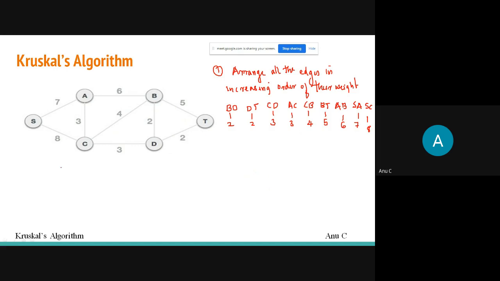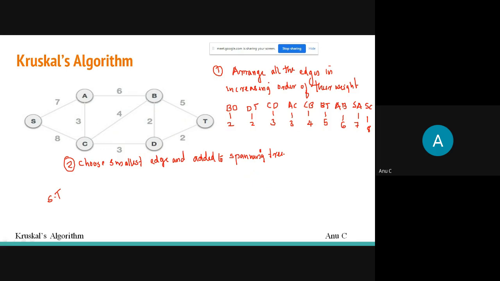The second step, choose the smallest edge from this list and add it to the spanning tree. Okay, so this is your spanning tree. And here we first choose BD, right?